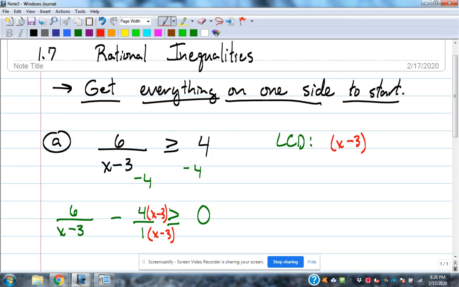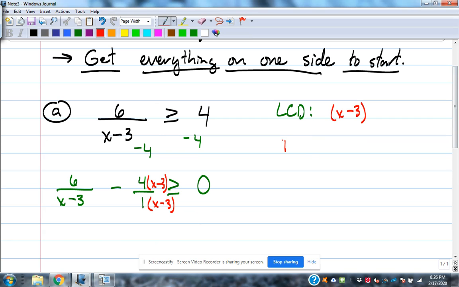You don't have to do anything to that side, because no matter what you put in the bottom, if it's 0 on top, it's still 0. So that makes this a little bit easier, I think, that you only have to deal with one side of a problem. Then we're going to do a restriction. x minus 3 equals 0. x can't be 3. That's our restriction.